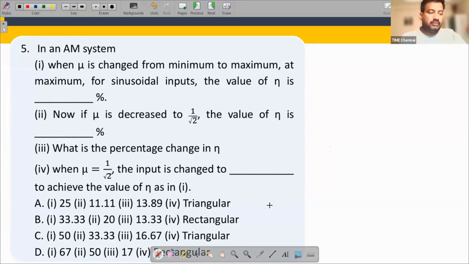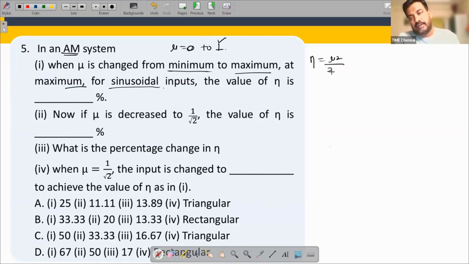In an AM system, when mu is changed from minimum to maximum, that is from 0 to 1, at maximum, that is at 1, for sinusoidal input, the value of eta is mu square by 2 plus mu square. When mu is 1, that's 1 by 3.